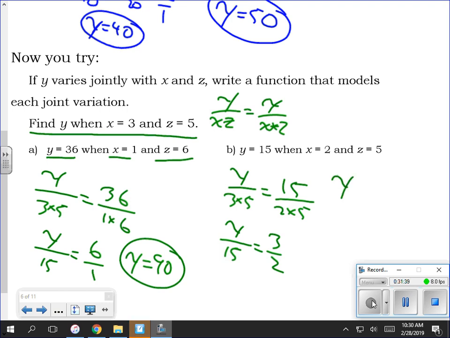So y equals 45 over 2. I would much prefer this, but if you gave me the correct decimal, I'd be okay. Yeah, 22.5. Okay.